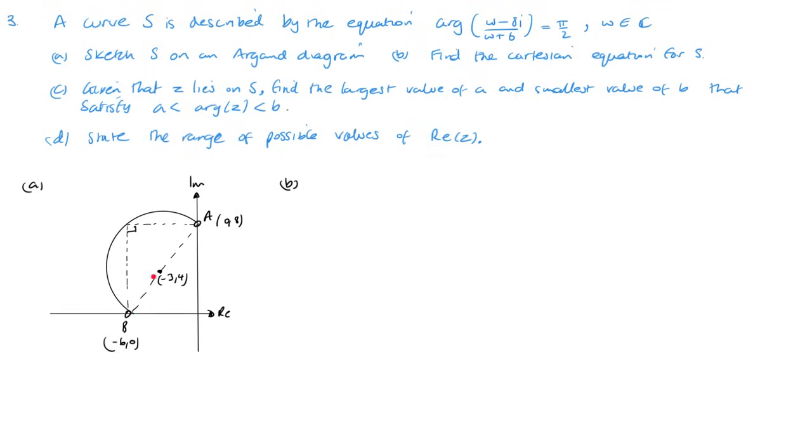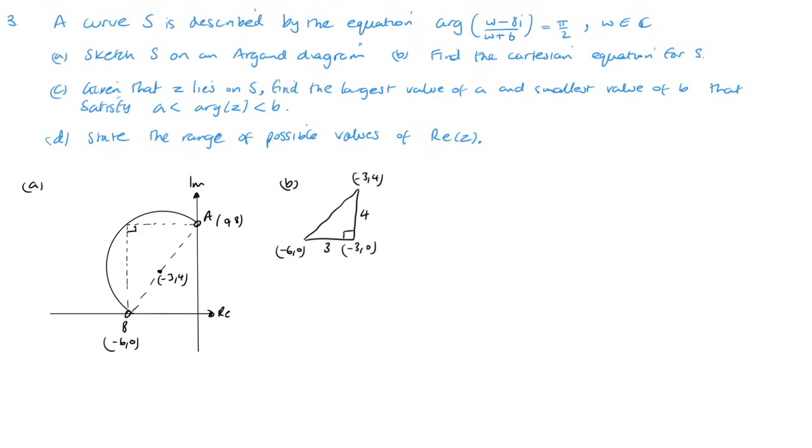So I basically only need to find this length, and this length can be found quite easily, because this is -3, 4, and this is -6, 0, meaning this is -3, 0. So it means this has a height of 4 and a base of 3.